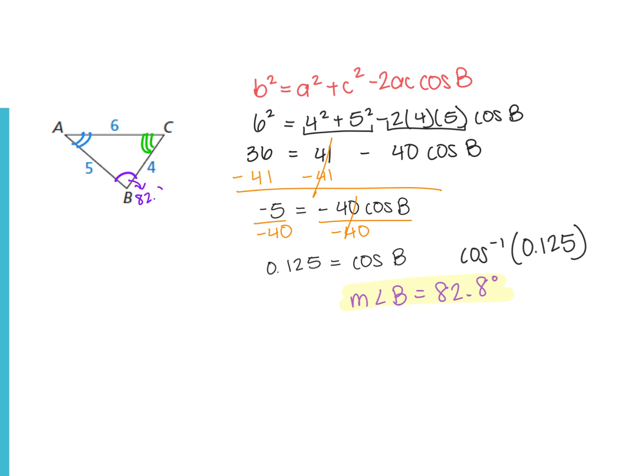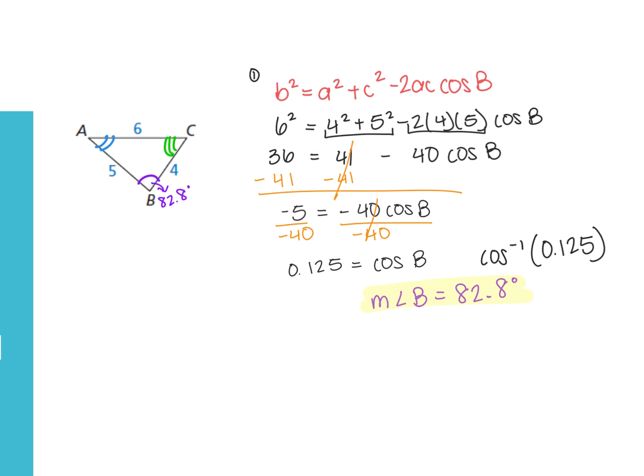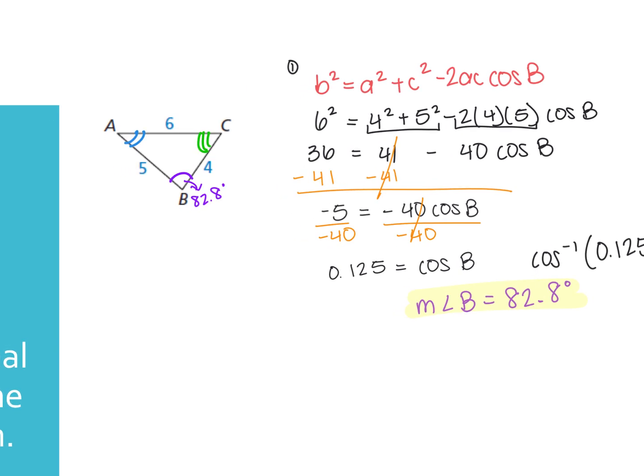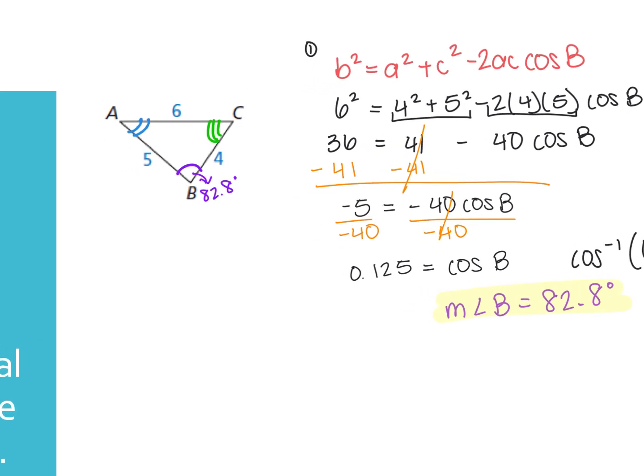Now, do I have a pair I can use for law of sines? Yes, I do. So now I'm going to solve for an angle. Does it matter which angle I do first? No, it does not, but I'm just going to go ahead and do angle A. For this one, I have my pair.